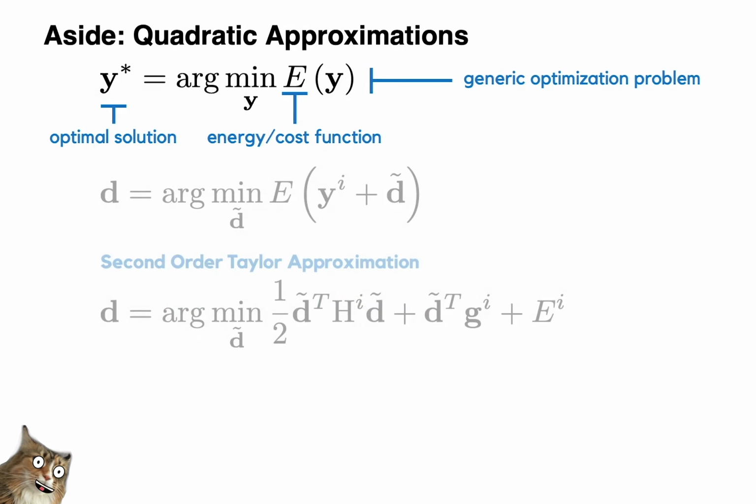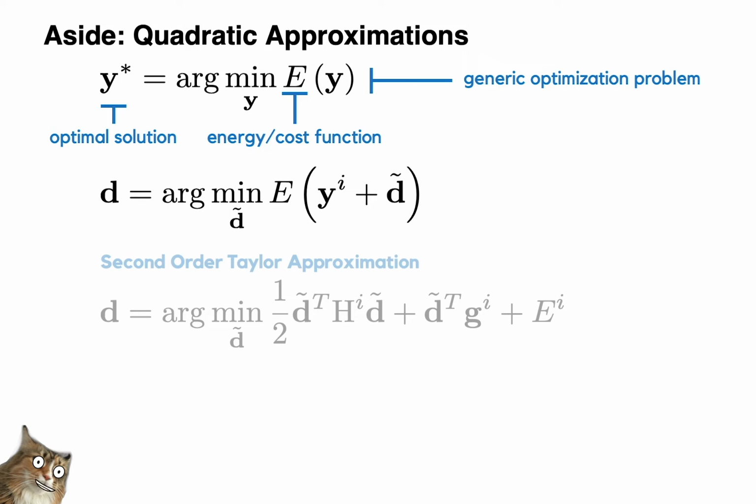To see how this works, let's return to our generic optimization problem. In the vanilla version of this problem, we search over our variable y to find a minimum. However, let's say we already have a guess at the answer yi. We can instead ask, is there a small offset to this guess, d tilde, that minimizes our energy?